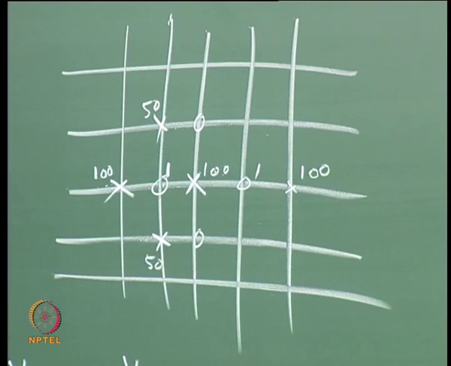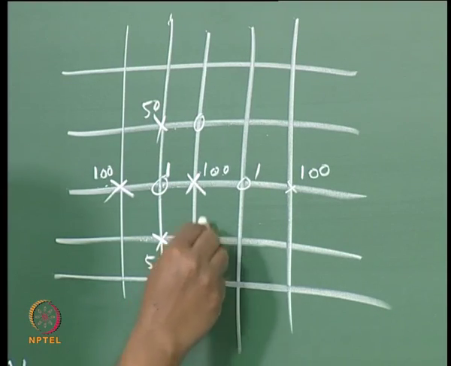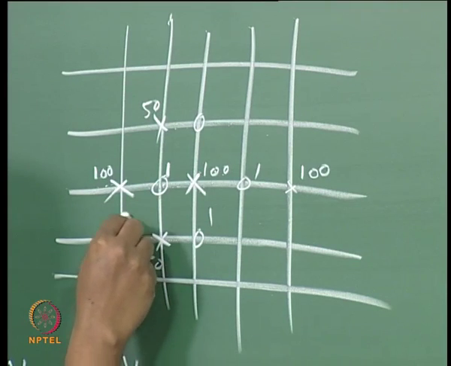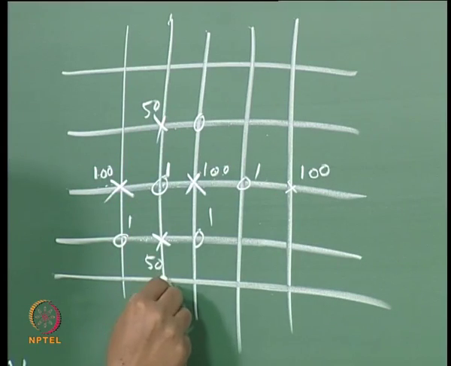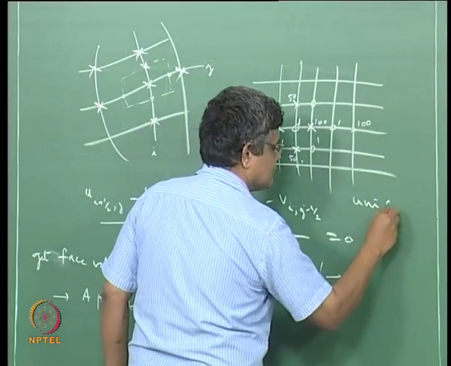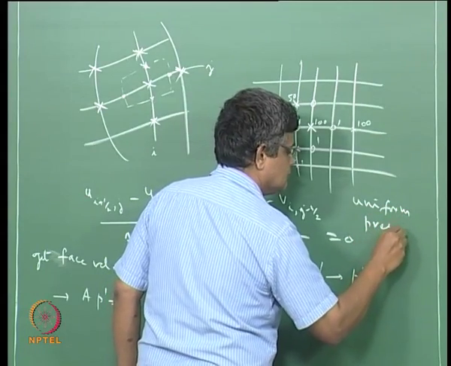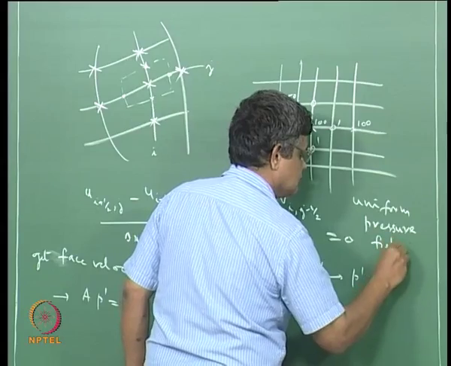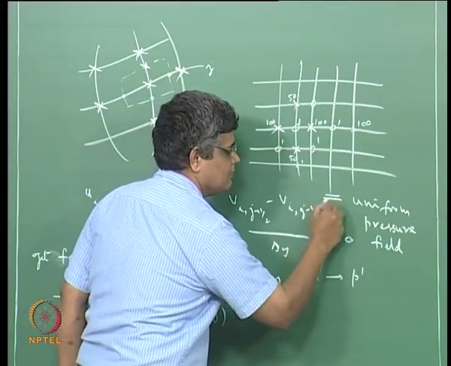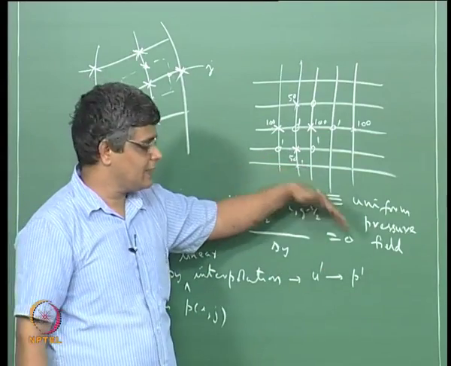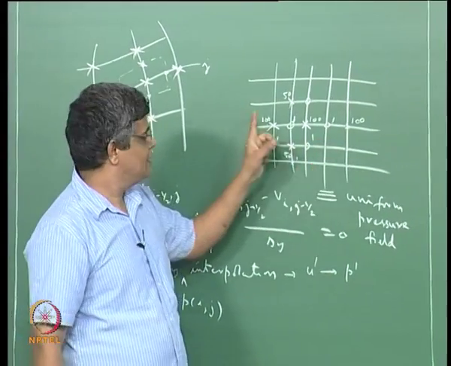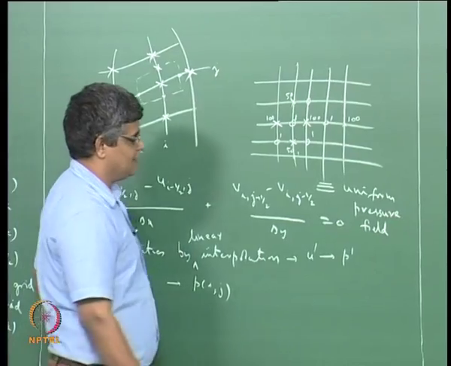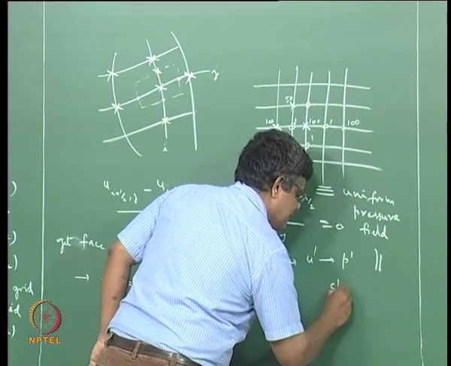So a pressure variation such as this, 101, 101, 101, similarly 51, 51 like this, is seen as a uniform pressure field. Therefore there is no corrective action to smoothen this pressure variation, to get rid of these very high frequency pressure variations, and this gives rise to what are known as checkerboard oscillations.